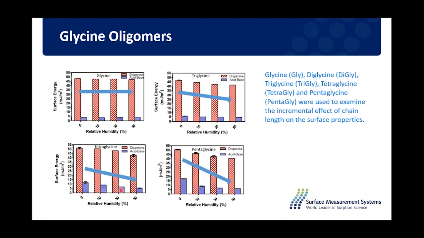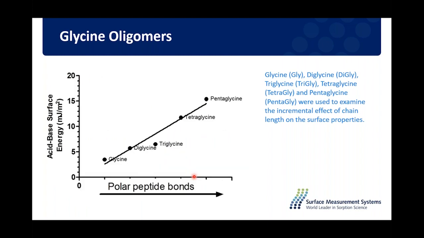Not surprising, as we increase the polar functionality, the surface is more sensitive to water and water vapor. So again, as we go up in glycine chain length, we're seeing an increase in the surface polarity or the surface acid-base nature, and that makes it more sensitive to water molecules.